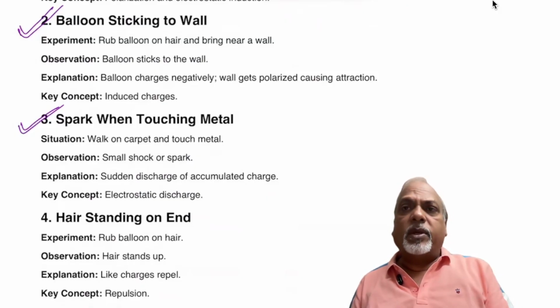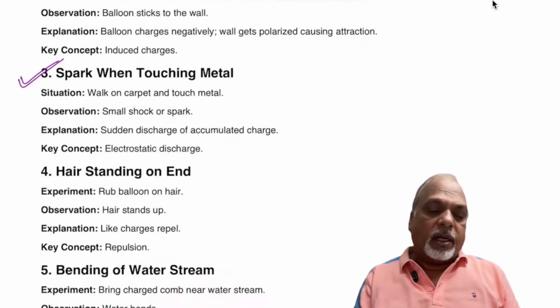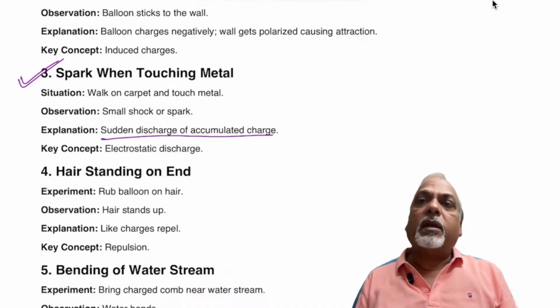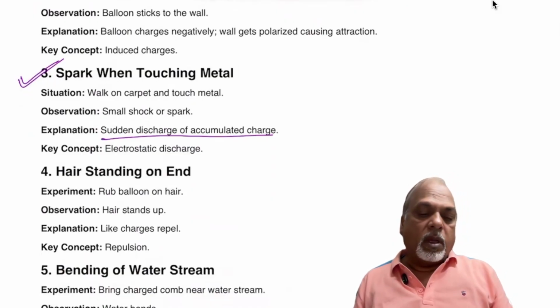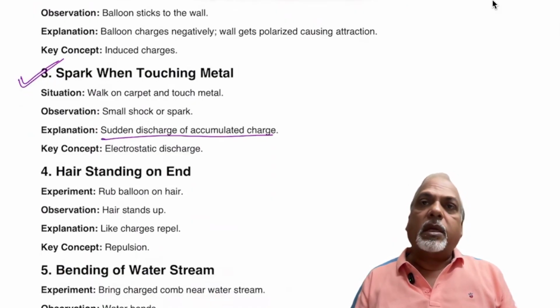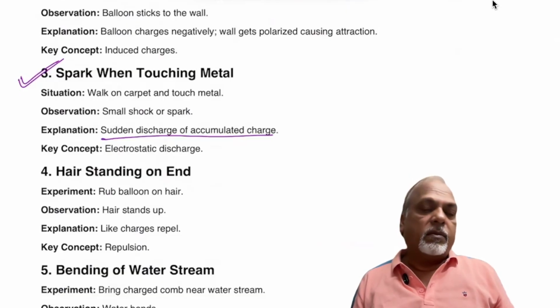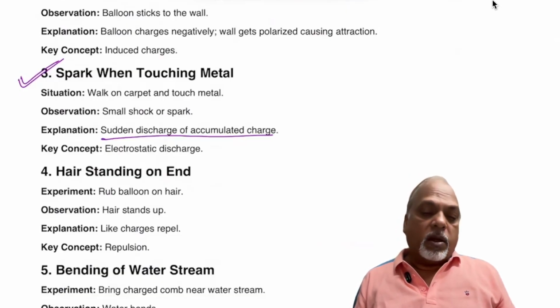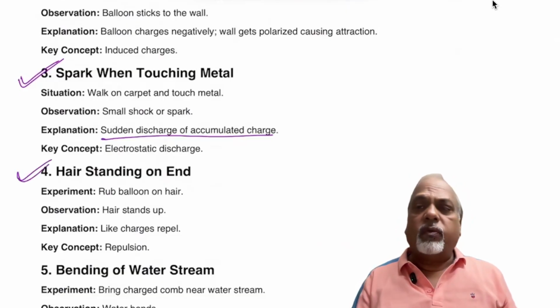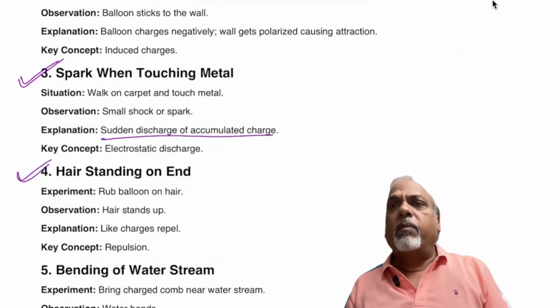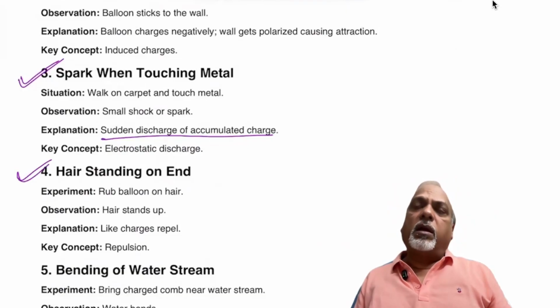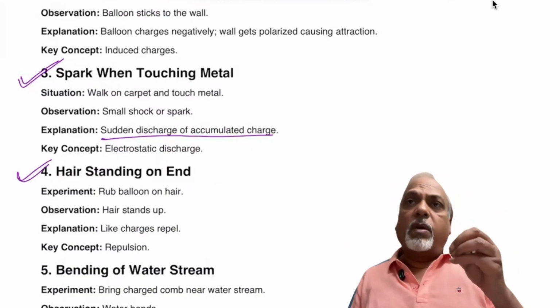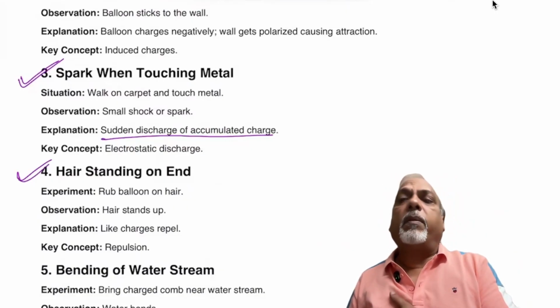So the sudden, it is basically due to the sudden discharge of accumulated charge. Correct? This is basically electrostatic discharge. Now, hair standing at the end means if you rub your balloon with the hair, what will happen?